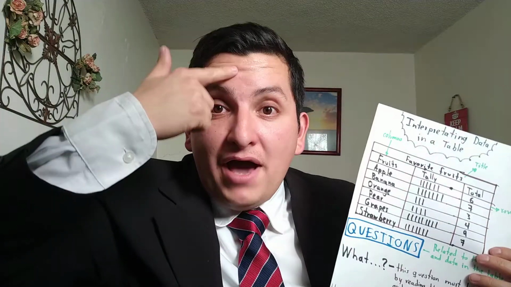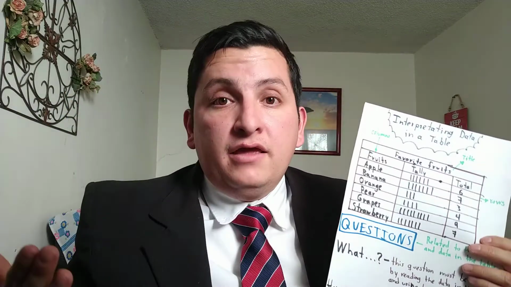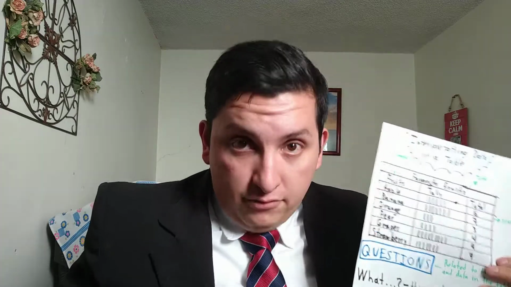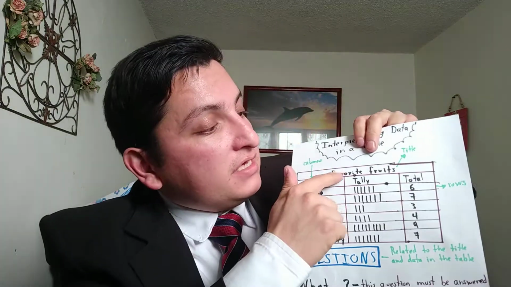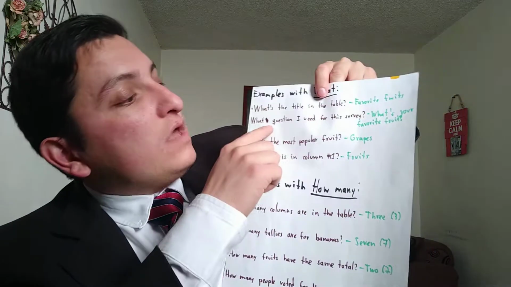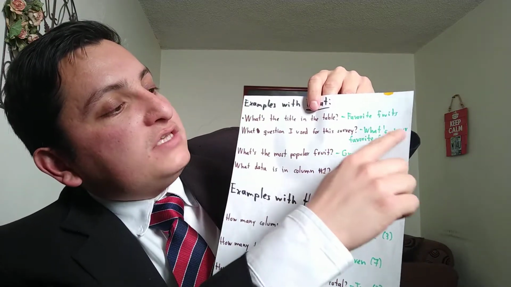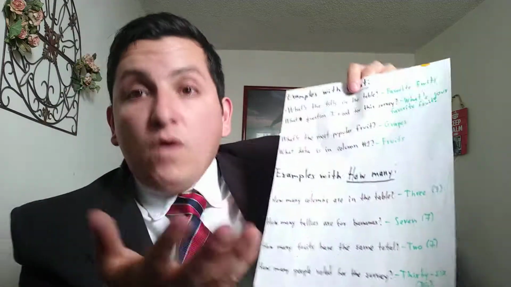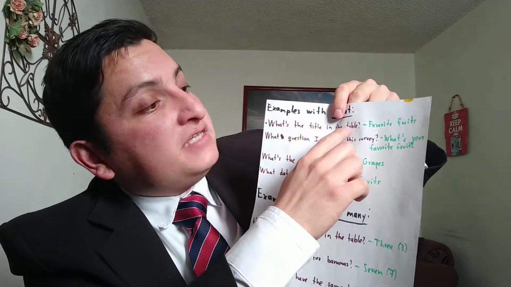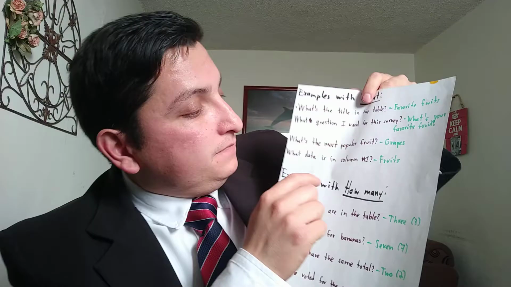But I might guess, I might think about the question that I used. If the topic is favorite fruits, that means that I asked somebody about their favorite fruit. So, what question did I use? What's your favorite fruit? Why? Because the title of my table is Favorite Fruits.